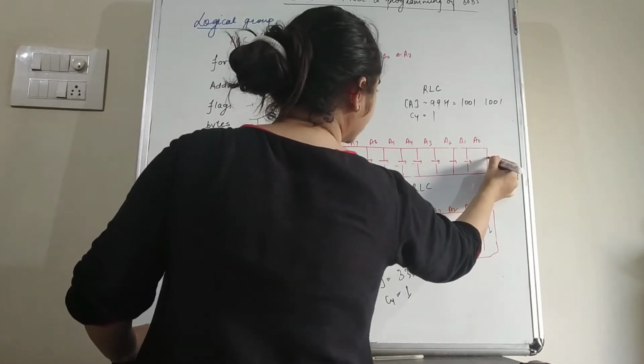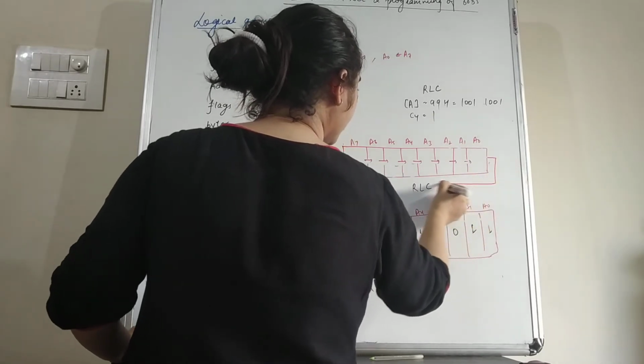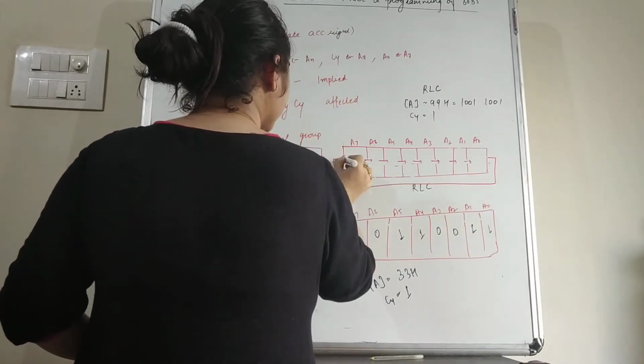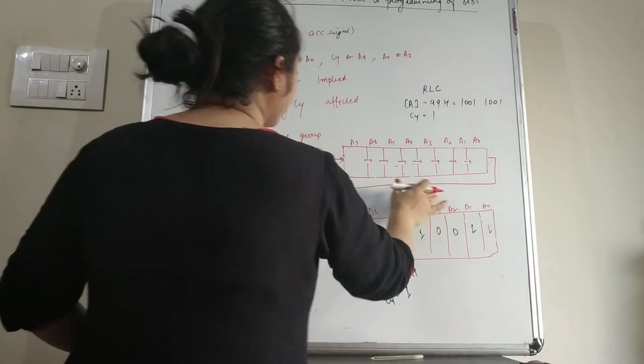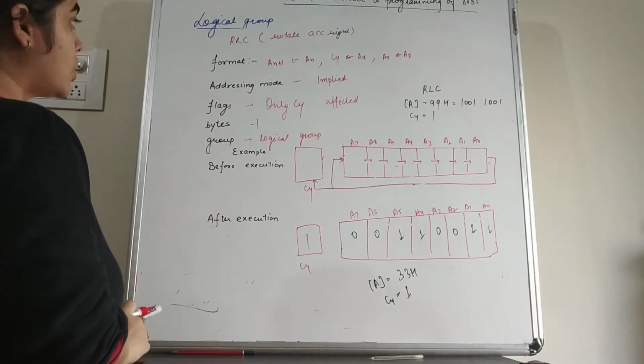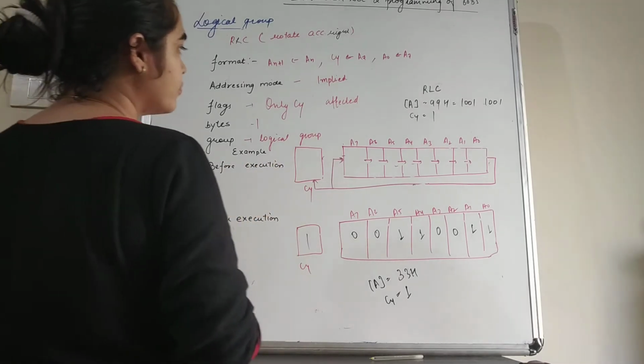Now the contents of A0 will be moved to A7, as well as into the carry flag. Now students, according to this, we have a format.